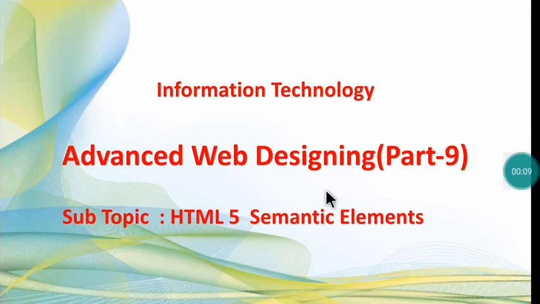In this lecture, you are going to learn HTML5 semantic elements, means tags. What is the importance of semantic elements? The importance of semantic elements in HTML5 is to define the purpose of the element. By using semantic markup, you help the browser understand the meaning of the content instead of just displaying it on the page.